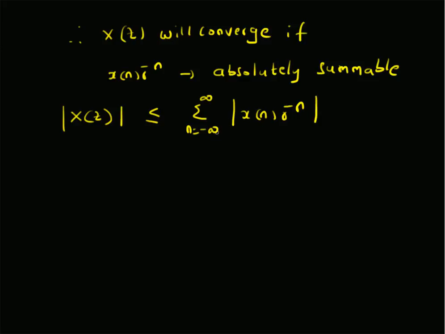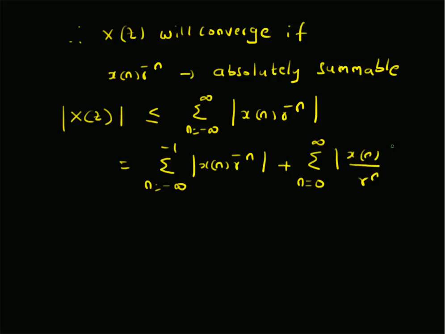And now this summation can be written as a combination of two sums, that is the summation from minus infinity to minus 1 absolute value of x of n r power minus n, plus the summation from n equal to 0 to infinity absolute value of x of n divided by r power n. So this sum can be split into these two components. The first one is the anti-causal component and the second one is the causal component.